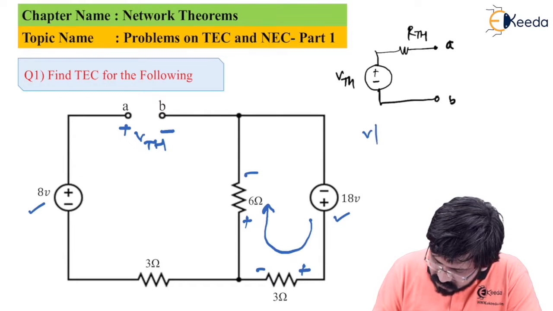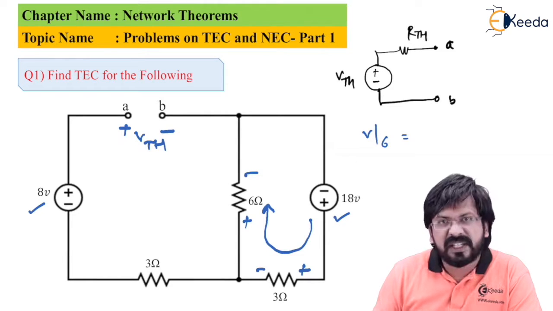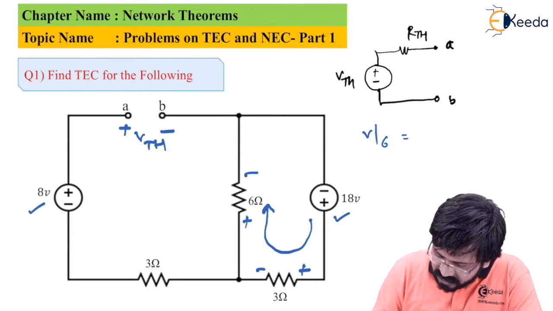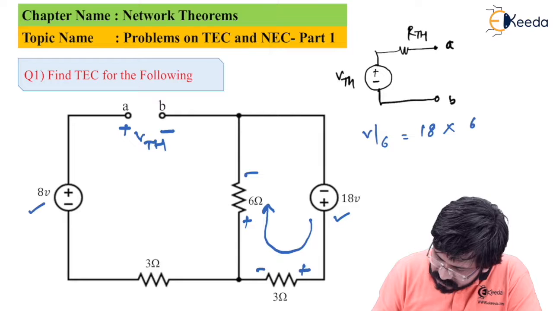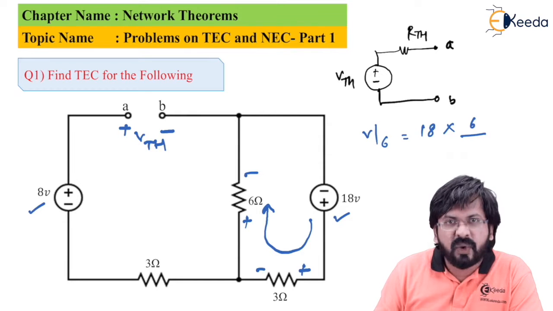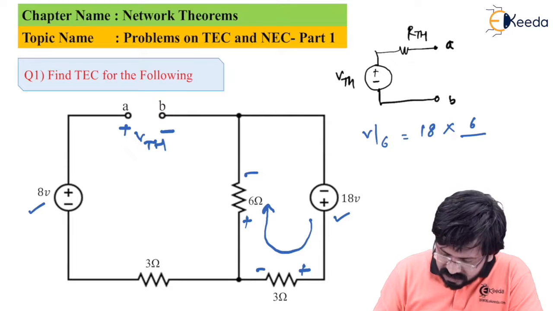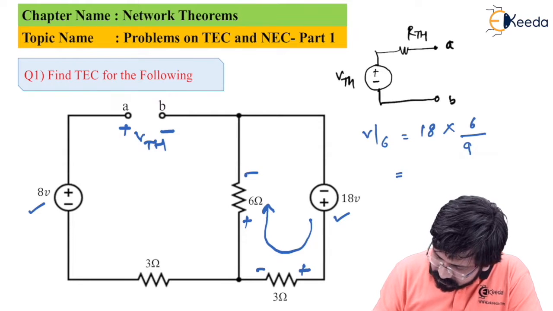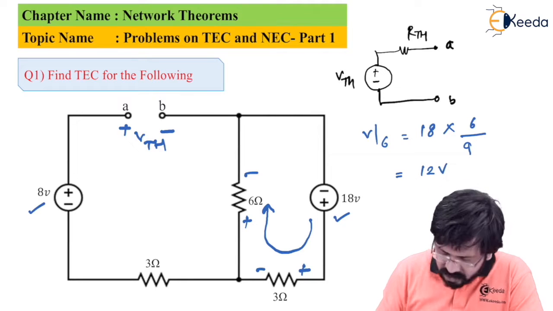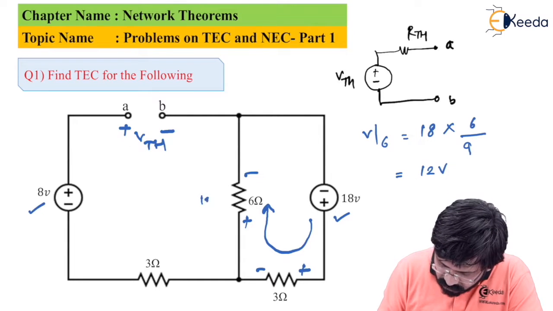So voltage across 6 ohms with the given polarity is equal to the supplied voltage, which is 18, multiplied by 6 itself, divided by the total resistance in the series circuit, which is 6 plus 3, which is 9. So it comes out to be 12 volt. So the voltage across this 6 ohms is 12 volt.